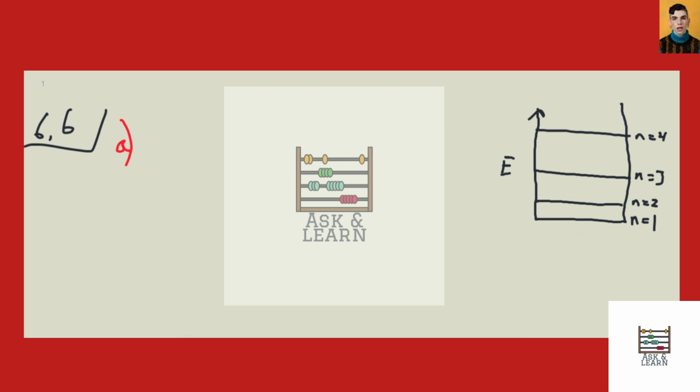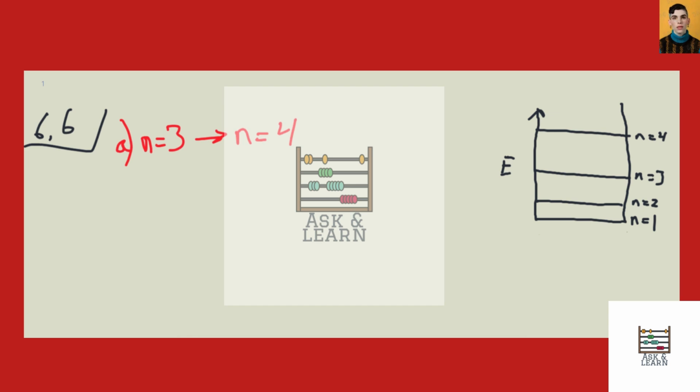So we can just observe with our eyes to see which two quantum numbers have the greatest energy difference between them, from n is equal to 1 to 2, 2 to 3, or 3 to 4. And we can see that if we go from n equals 3 to n equals 4, this is the greatest transition.